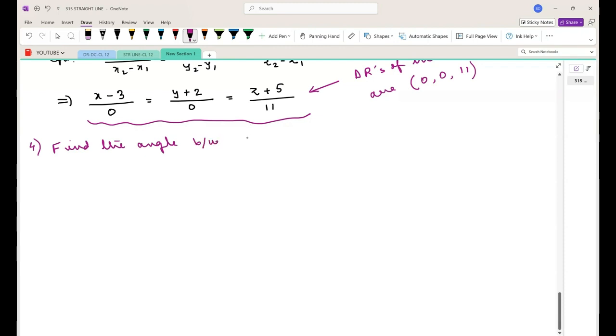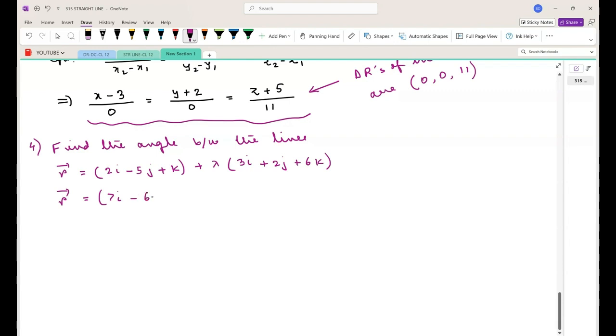Find the angle between the lines r equal to 2i minus 5j plus k plus lambda into 3i plus 2j plus 6k, and the second line is r equal to 7i minus 6k plus mu into i plus 2j plus 2k.